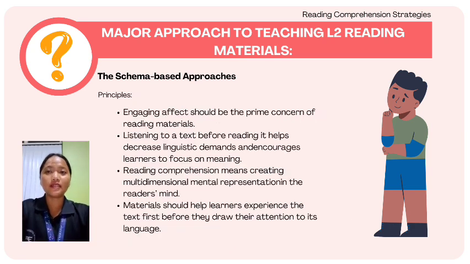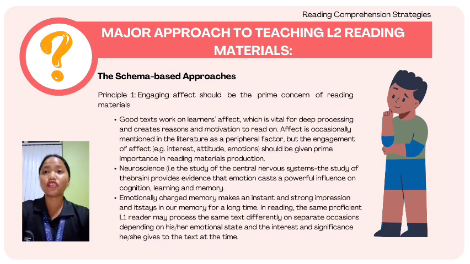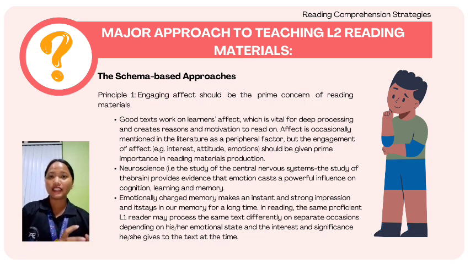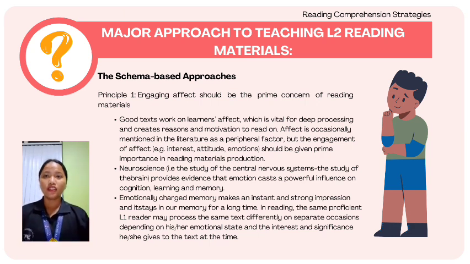The schema-based approaches and principles, the first one is engaging affect should be the prime concern of reading materials. So reading materials should evoke emotions, interest, and motivation because affect plays a crucial role in deep processing and retention. Neuroscience suggests that emotions significantly impact cognition, learning, and memory.